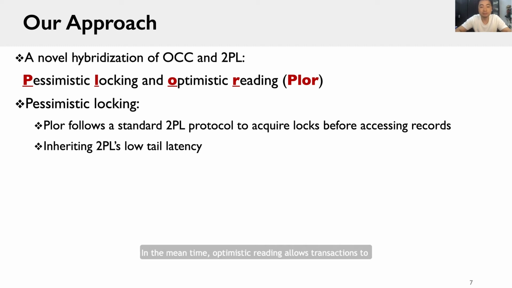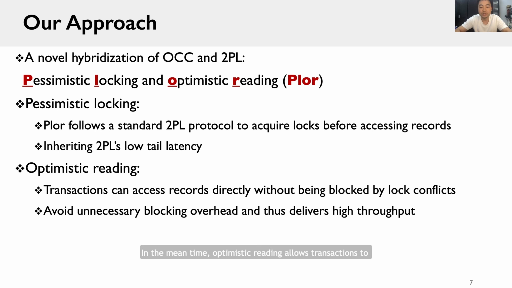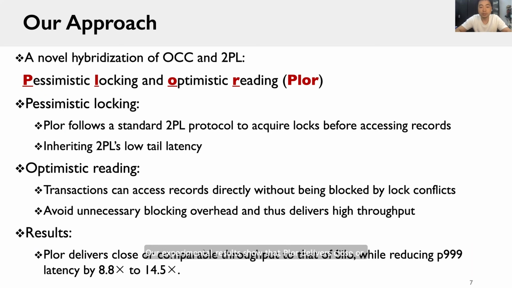In the meantime, optimistic reading allows transactions to access records directly without being blocked by lock conflicts. Therefore, transactions running with Plor avoid unnecessary blocking overhead caused by 2PL, and so deliver high throughput. Our experimental results show that Plor delivers close or comparable throughput to that of Silo, and reduces tail latency by up to 14 times.